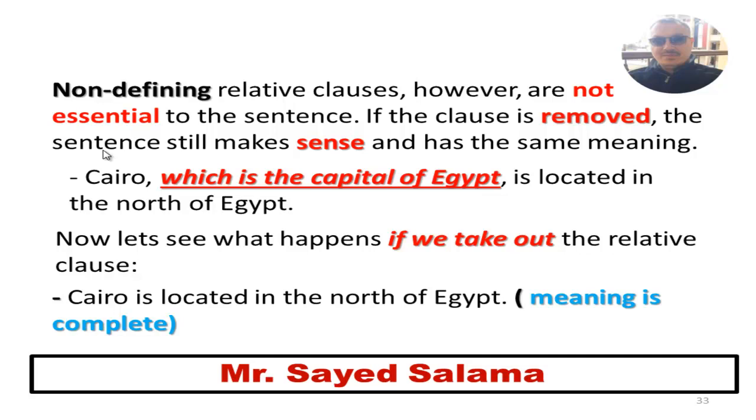You can pronounce it like this: Cairo is located in the north of Egypt. So the meaning is complete. So you can delete or omit or take out or remove which is the capital of Egypt. So this is called a non-defining relative clause.